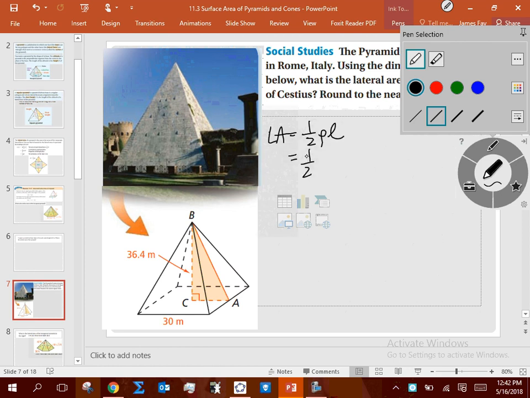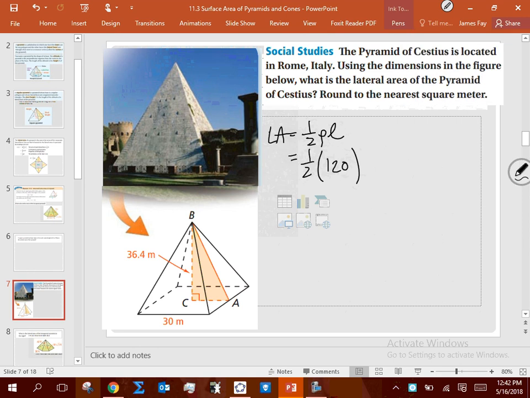Hopefully we can find the perimeter pretty easily. What's the perimeter going to be here? 120. Okay. It's a square pyramid. If they don't say that it's regular, make that assumption. So this is a square pyramid.